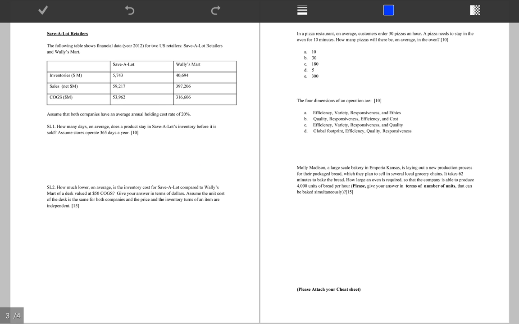There are quite a few ways to do this. One way is the inventory turn equals COGS divided by inventory. In this case, 53962 divided by 5743.